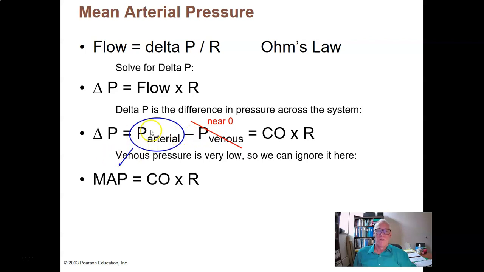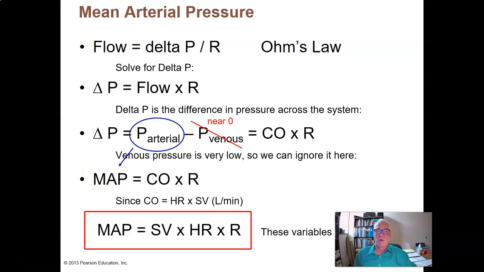So now, if we call arterial pressure mean arterial pressure, we haven't changed anything, just using a different term. Mean arterial pressure equals flow, and if we're talking about the whole system, flow is cardiac output, right? And then resistance, the peripheral resistance.